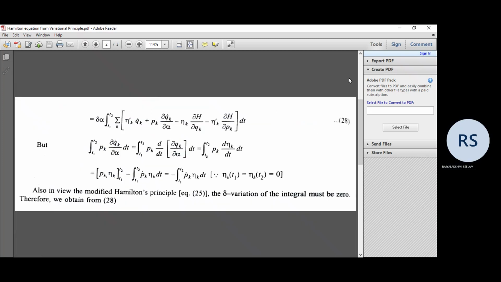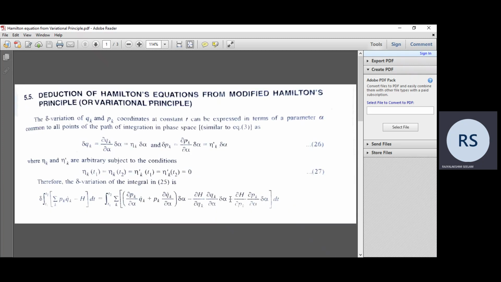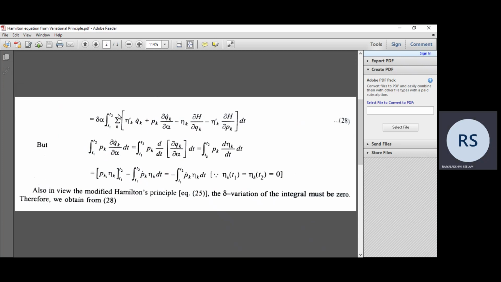Now overall we have to take common this delta alpha. So here for each and every term we have delta alpha. So let us take common delta alpha integration t1 to t2 sigma k.